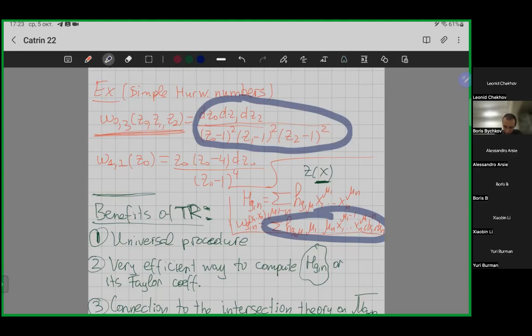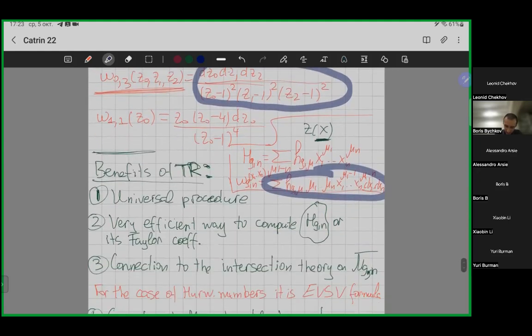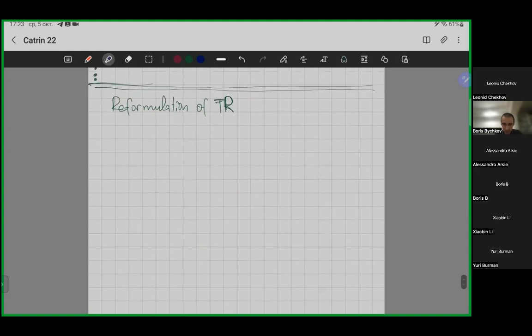Great. So, reformulation. Let me state the theorem: the existence of the topological recursion is equivalent to the following.